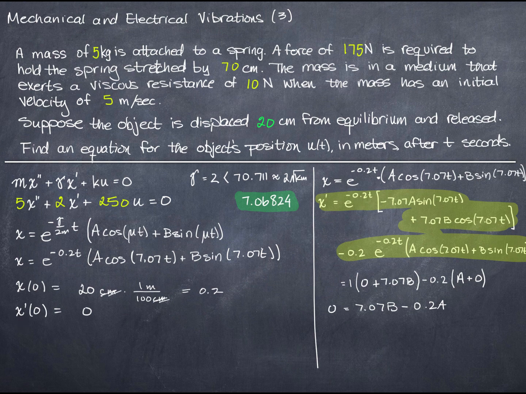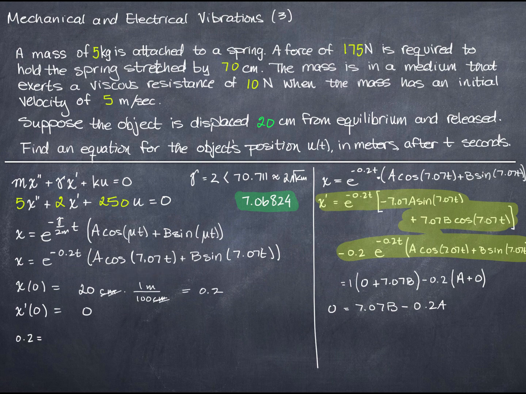Now I'm going to do the same thing with the original equation that I came up with. Plug 0 in for t. This time the left-hand side is 0.2. So I've got 0.2 equals e to the power of 0, which is 1.